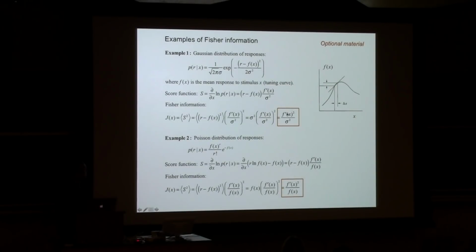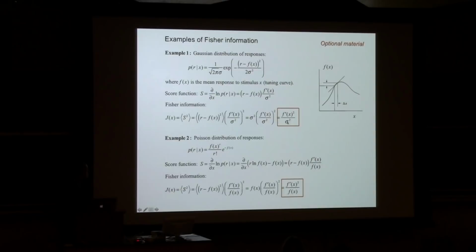An intuitive explanation: suppose your variable is actually here, and on average your response is here. If the stimulus changes a little bit, your response also changes, right? Based on the change, you can figure out how much your variable actually changes. So this would be most sensitive if the slope is large. If the slope is large, a little difference in the stimulus, you will see very easily in the response, so your estimation will be much more accurate.